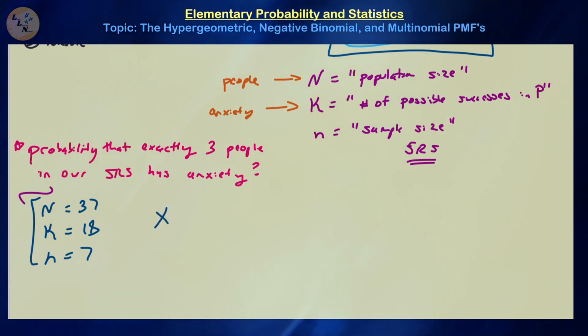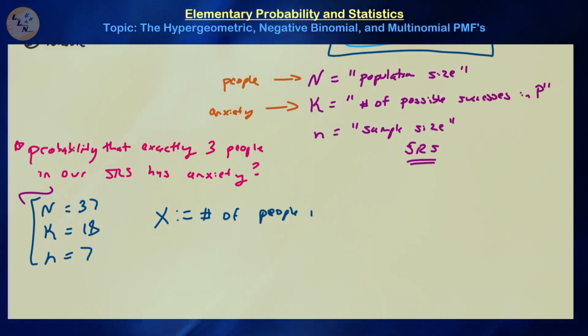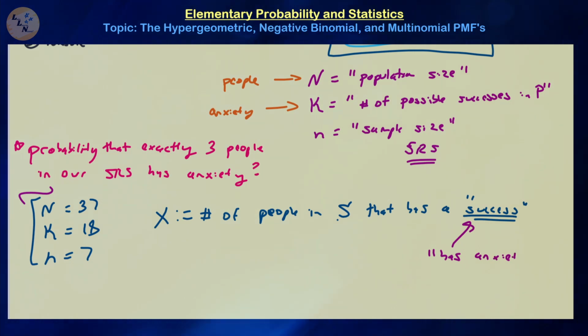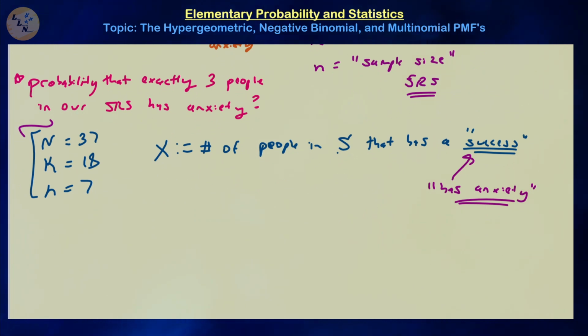So we're going to let X be the number of people in my sample that is classified as a success. For this particular example, we're defining success as has anxiety, or who is stressed or whatever.